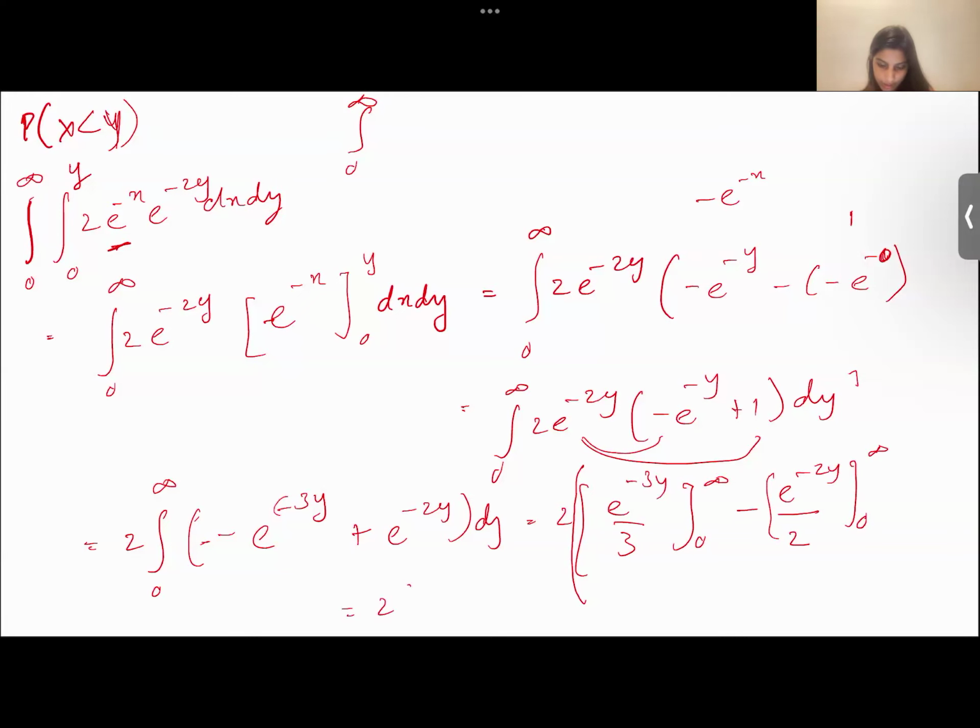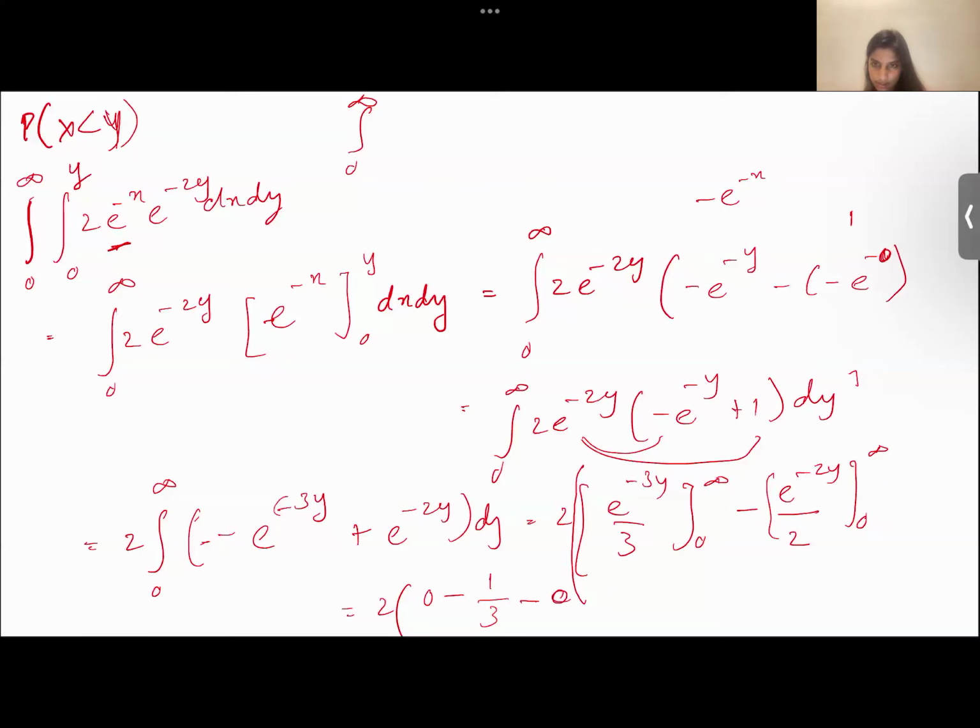When you substitute the values, e power infinity is close to 0. So 0 minus e power 0, which is 1, divided by 3. And then applying this limit, minus e power infinity is 0 again.